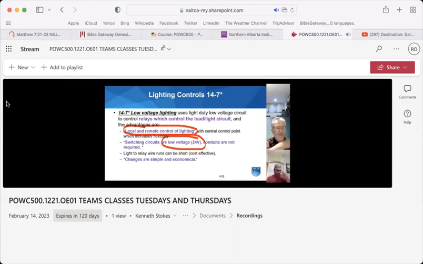When they get to the end of the wing that they've just cleaned, there's one switch there that kills all the lights in the whole wing. So that's what this low voltage lighting is about. The loads or the circuits are controlled by relays. Local and remote control is achieved by using switching circuits that are low voltage, and changes are simple and economical.